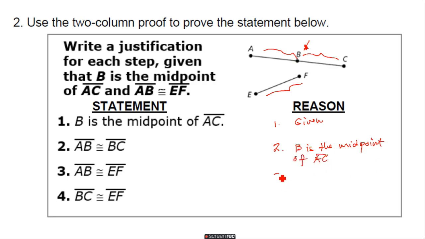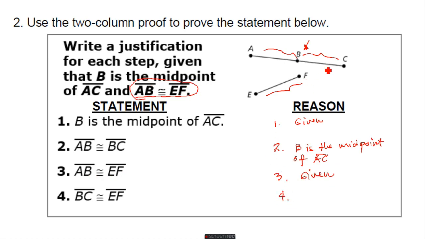Next, number 3. We have AB is congruent to EF. Because it is already given, our reason is given.